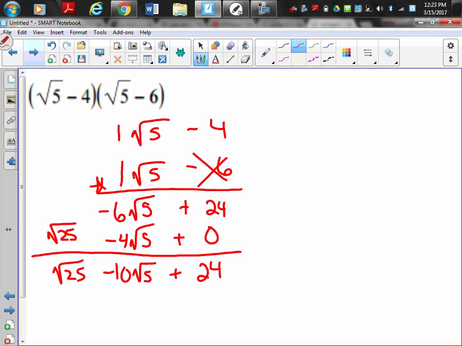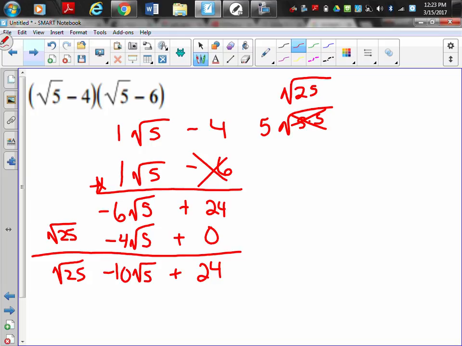Alright, so now we have to take our pieces and see if we can factor them. So one at a time, square root of 25. That is the same thing as square root of 5 times 5. So I have a pair, so it goes out from under the radical, comes outside.